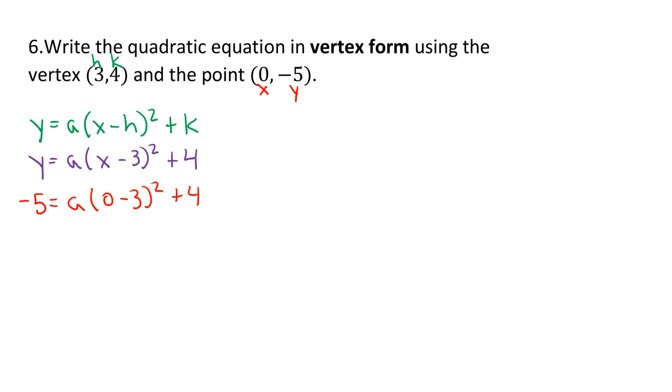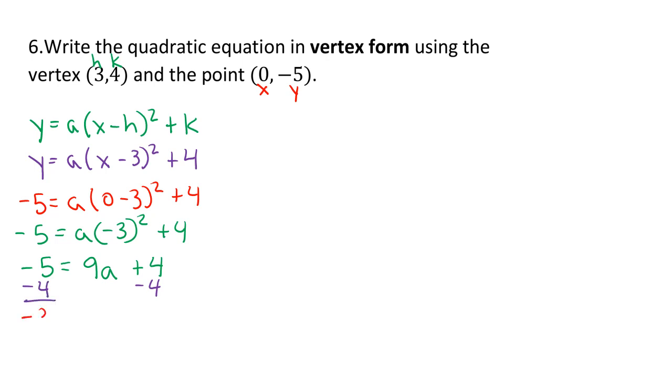So we're going to have 0 take away 3 is -3. -3 squared, that's -3 times -3, that's positive 9a plus 4. We want to get the 9a by itself, so I'm going to move the 4 over to where the -5 is.